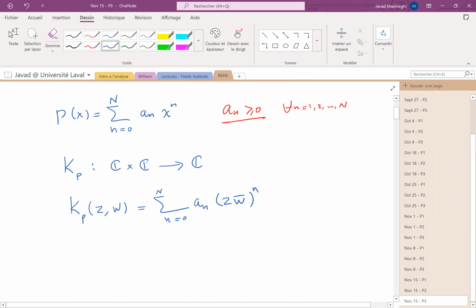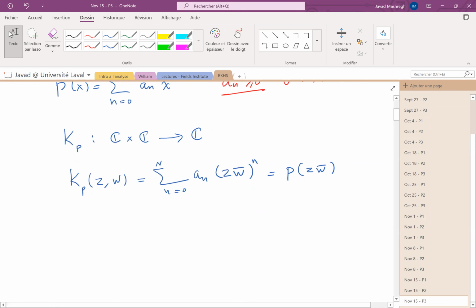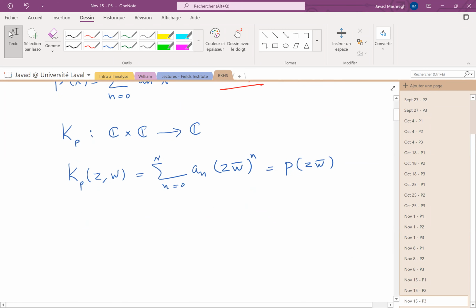In other words, it's P evaluated at point Z W bar. That is why we call it K_P. And the claim is that K_P is positive.